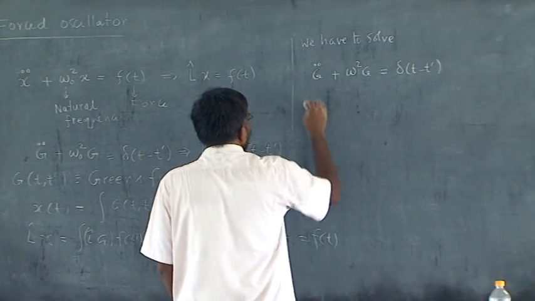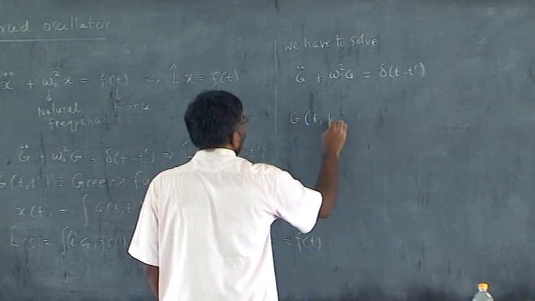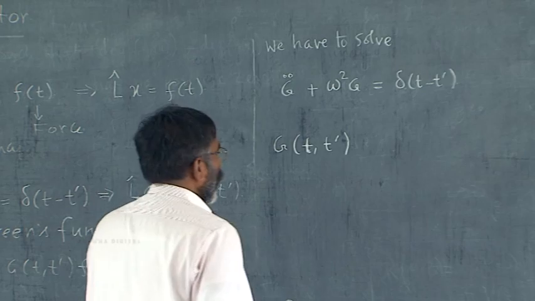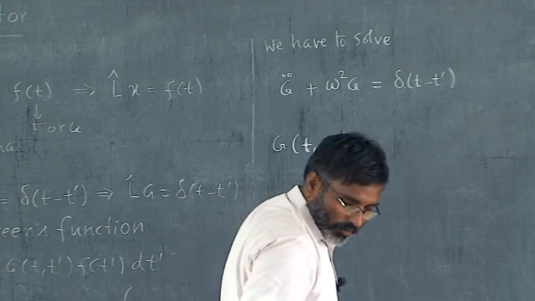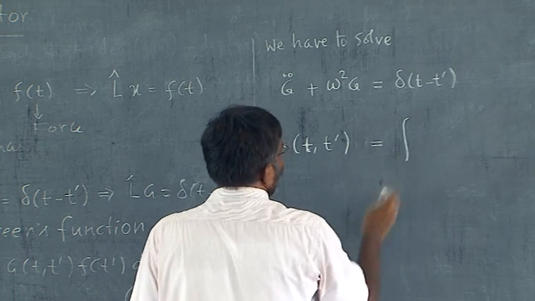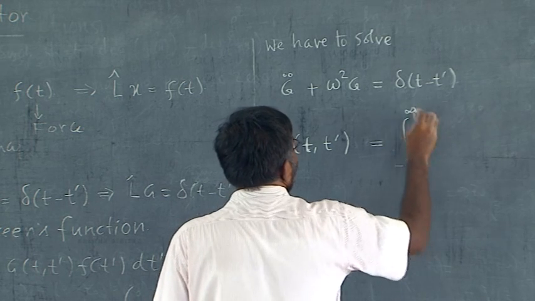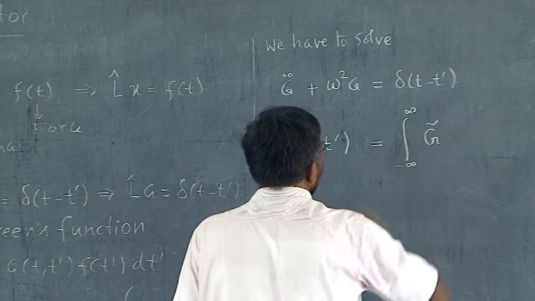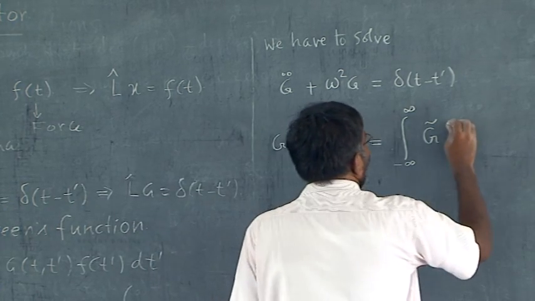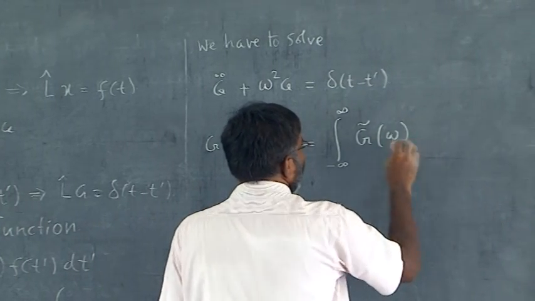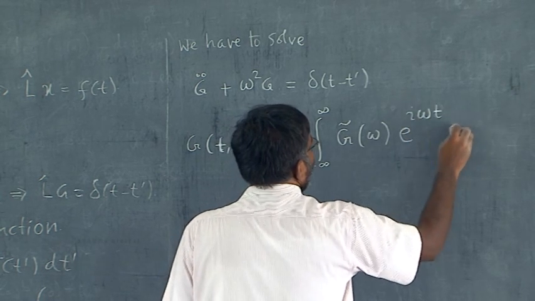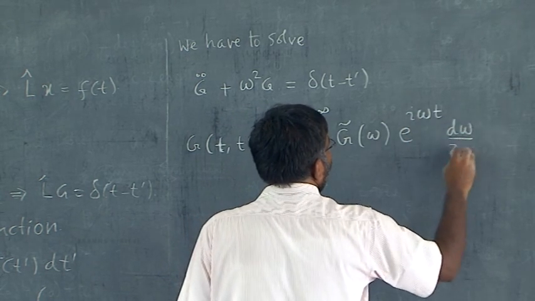Now I can define this g of t, t prime as the integral from minus infinity to plus infinity of g tilde of some omega, which will be the Fourier transform, into e power i omega t d omega divided by 2 pi.